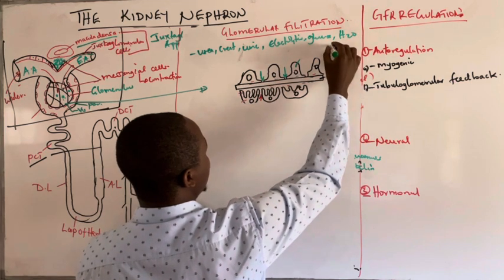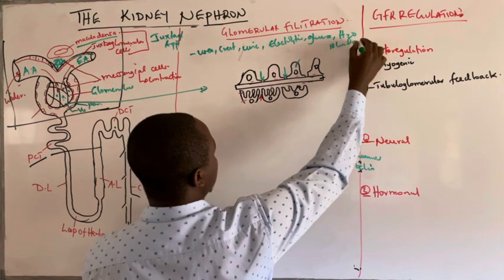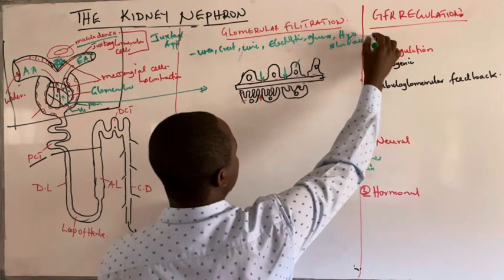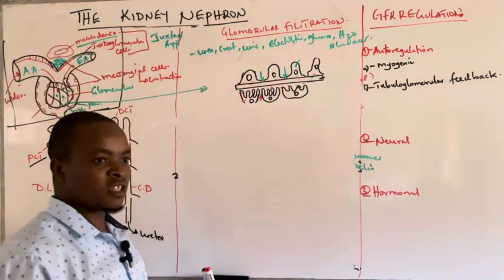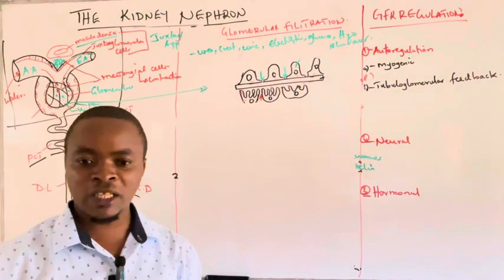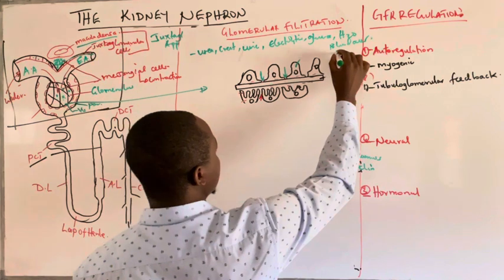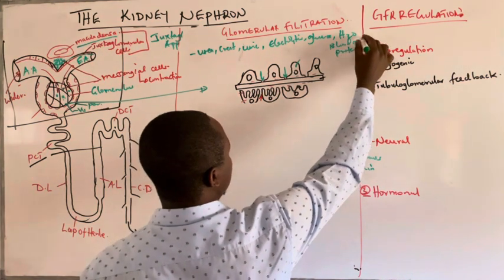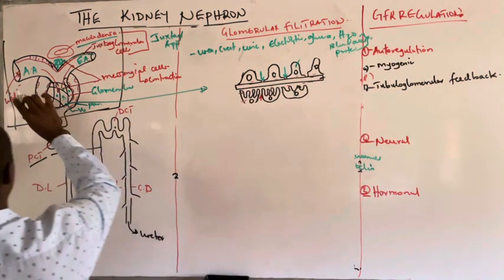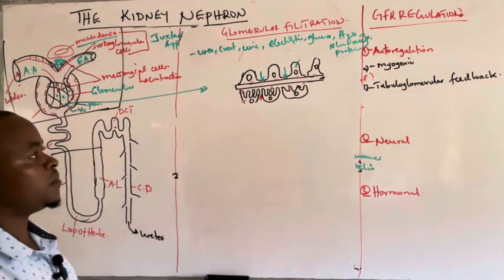We also see blood cells like red cells, white blood cells, and platelets. Then we find proteins. This is the blood entering via the afferent arteriole.